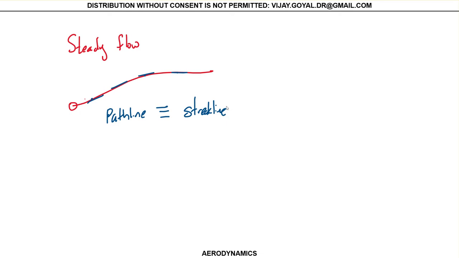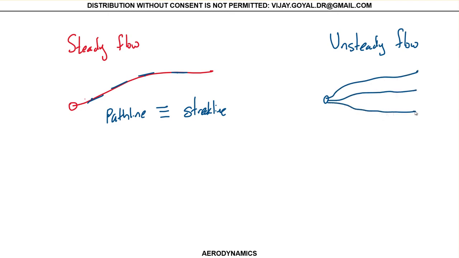Okay. Now, for the case of unsteady flow, what you see is you got lots of different path lines. Let me change the colors for a moment.